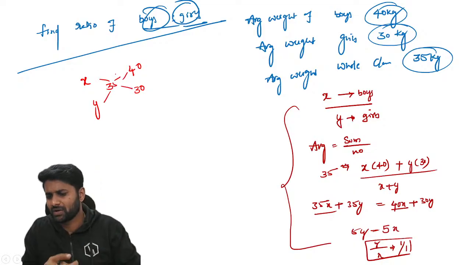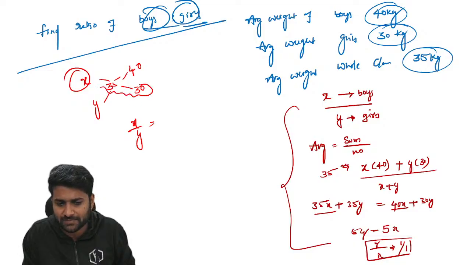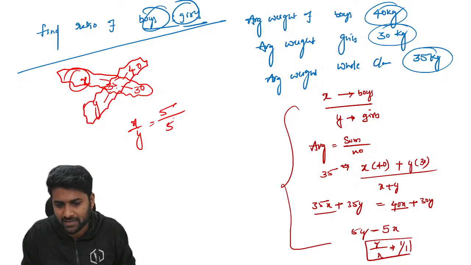Then there is no need to go for cross multiplication and subtractions. x is the difference between 35 and 30, which is 5. In the same way, y is the difference between 40 and 35. So if you go through the simplification, the ratio of boys and girls is 1:1.